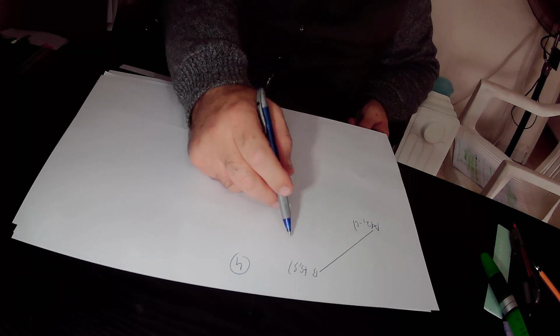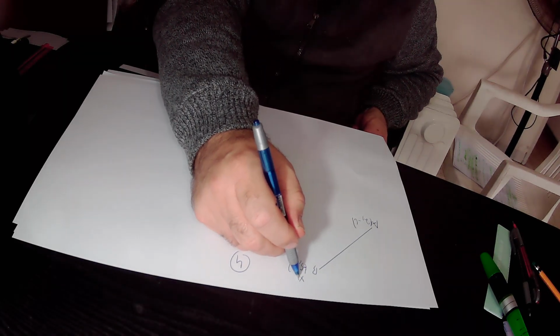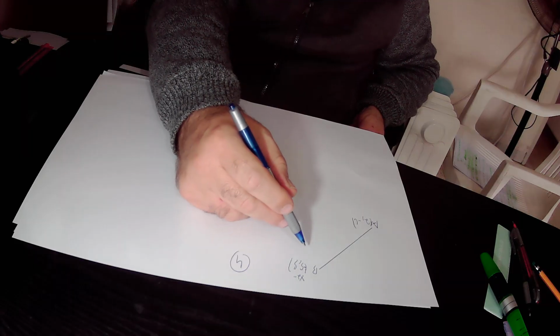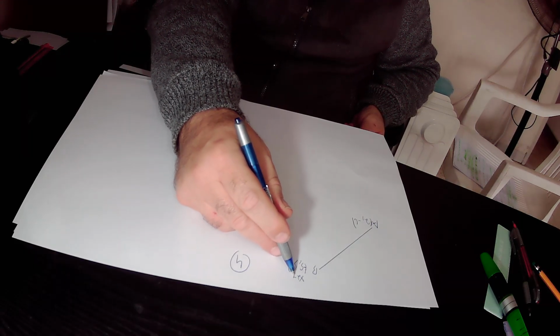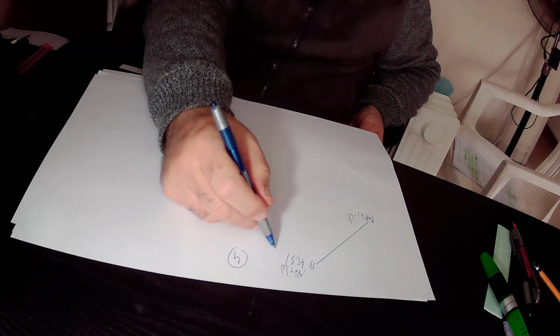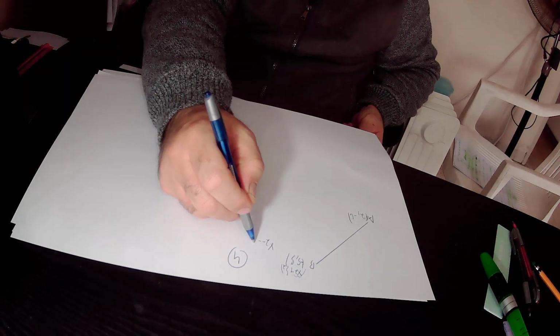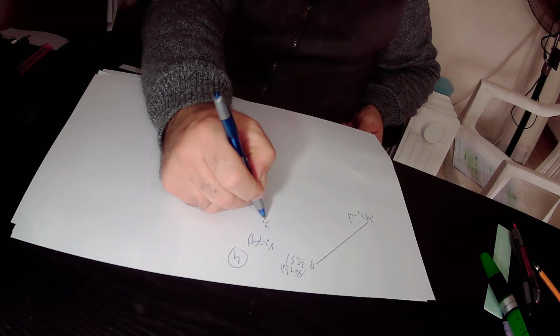We define the x coordinate of point B as x2, and the y coordinate of point B as y2. So x2 equals minus 5 and y2 equals 5.